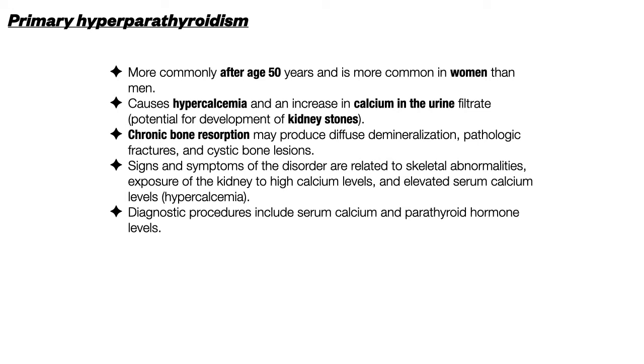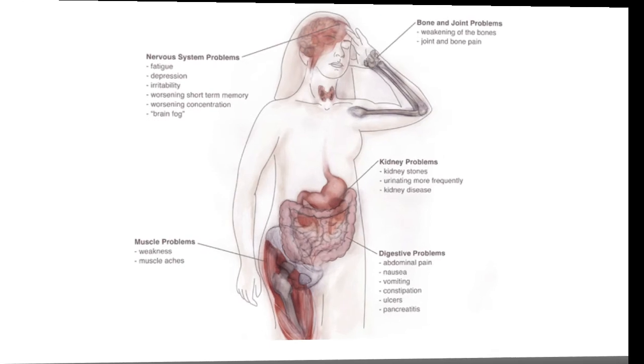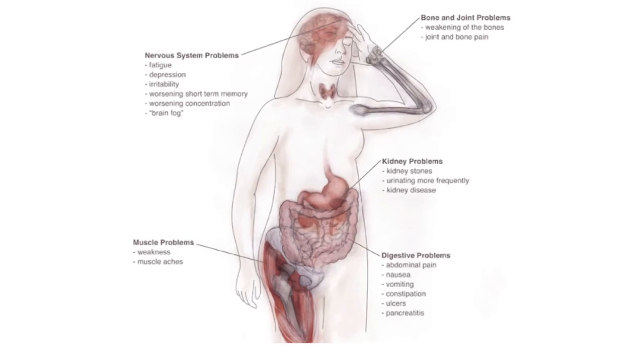So the diagnosis is to determine the calcium levels, as well as the parathyroid hormone levels. Okay, so here you have a drawing showing the clinical manifestations of this hyperparathyroidism.